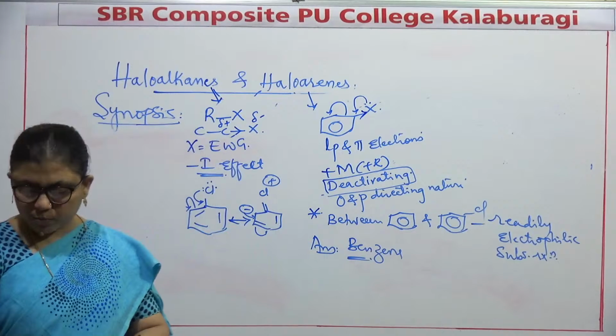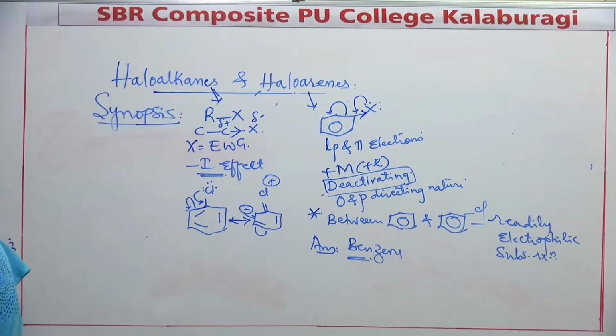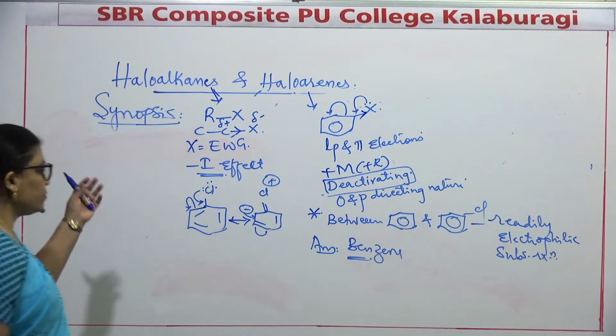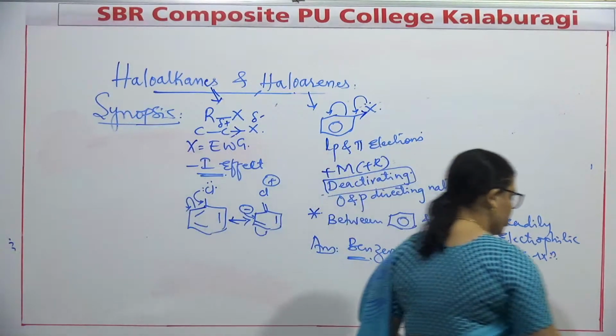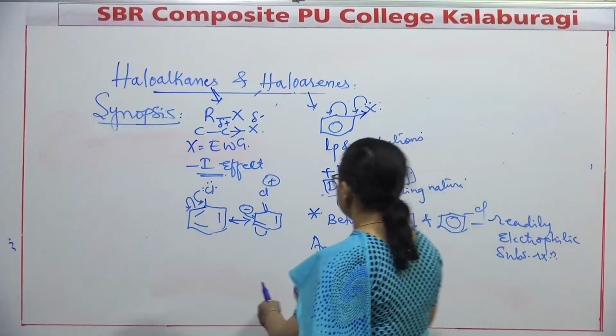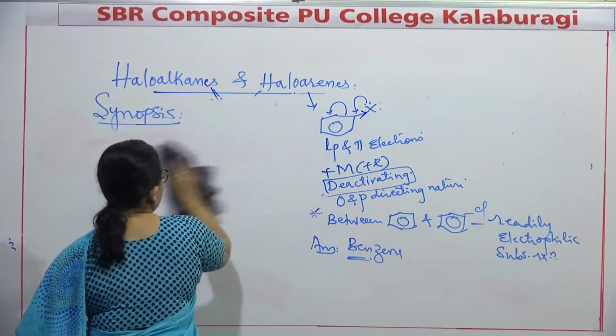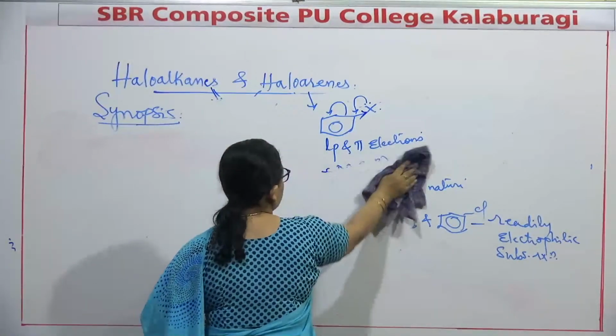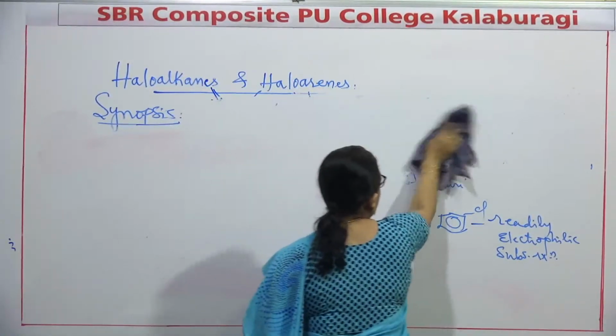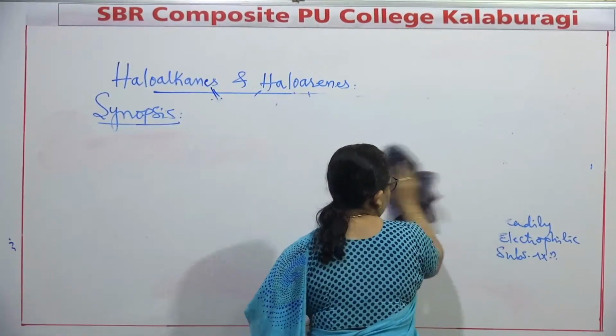Let us move to classification. On what basis are we going to classify an organic compound like haloalkane?